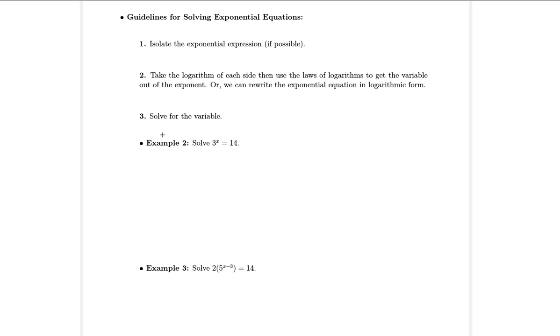All right, so in this example here in number two, the exponential's already by itself. So if you're going to do the take the natural log of both sides approach, then you're going to say the natural log of 3 to the x equals the natural log of 14. That can come down in front.